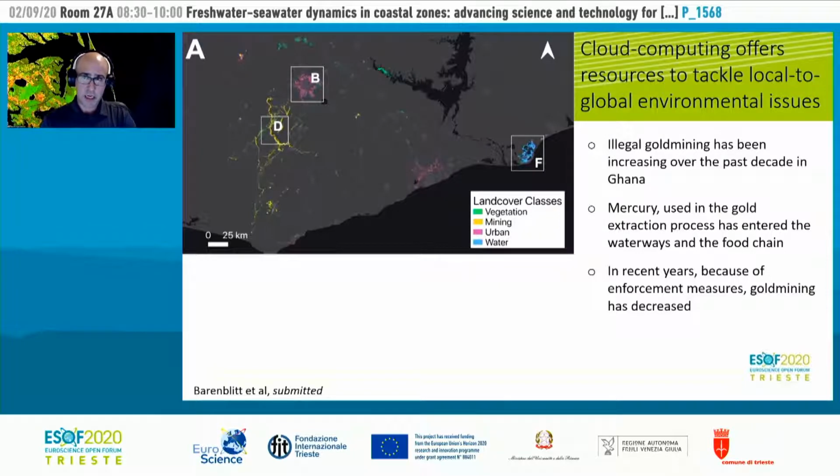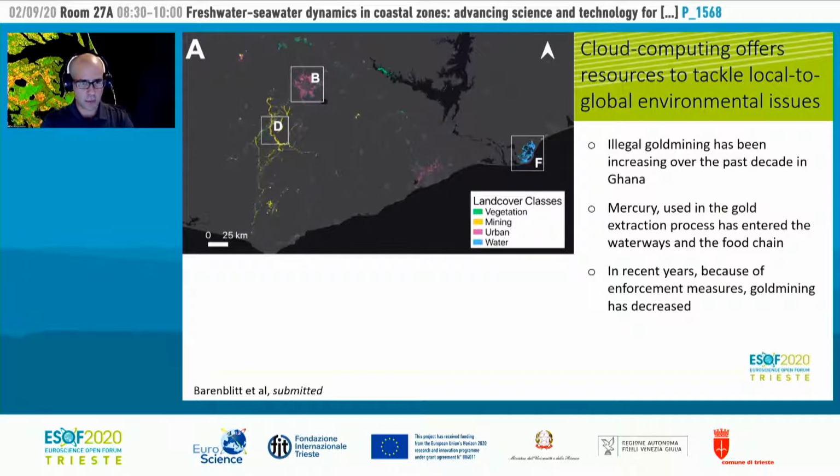So in addition to that, cloud computing and the ability to do heavy processing within the cloud offers resources to tackle local to global environmental issues.